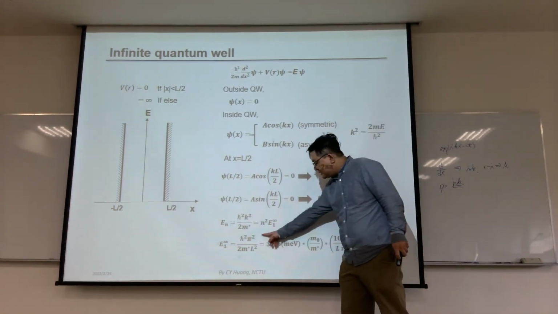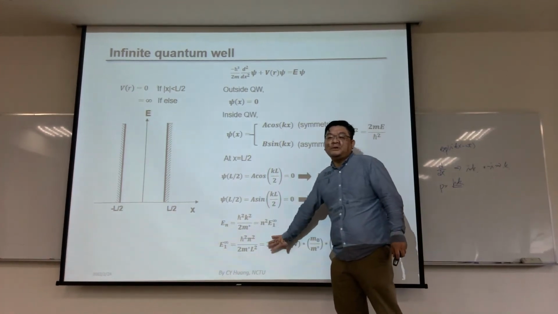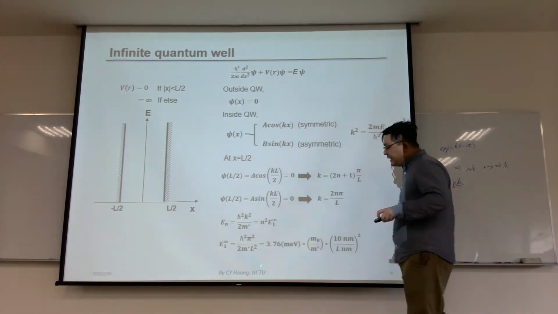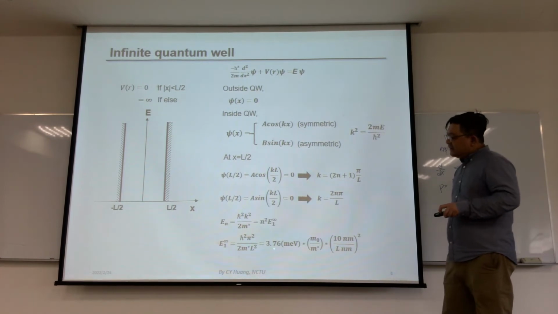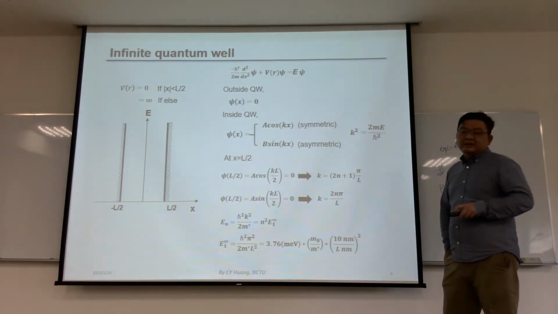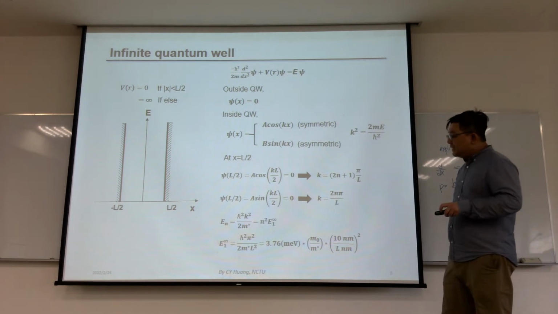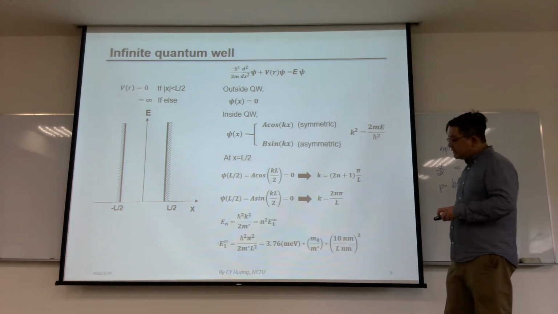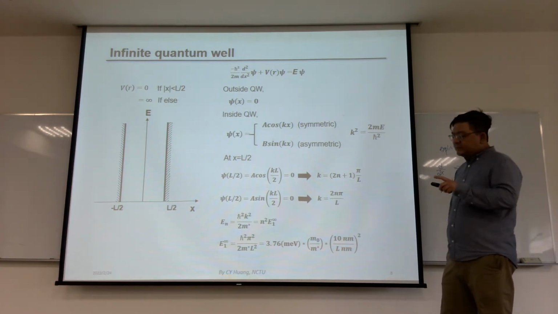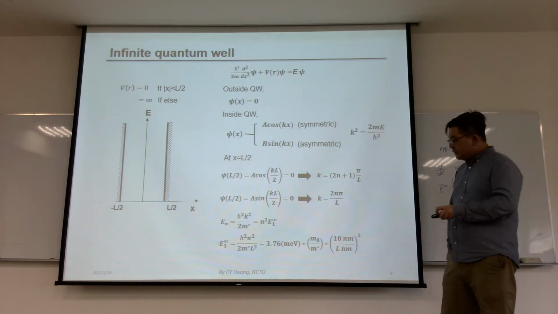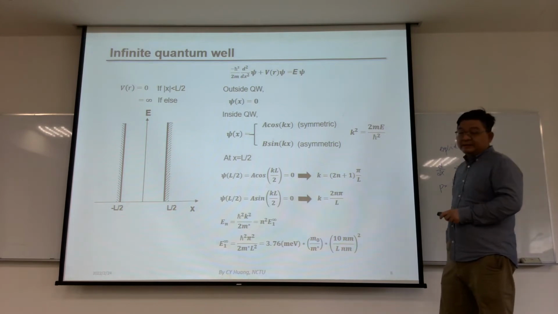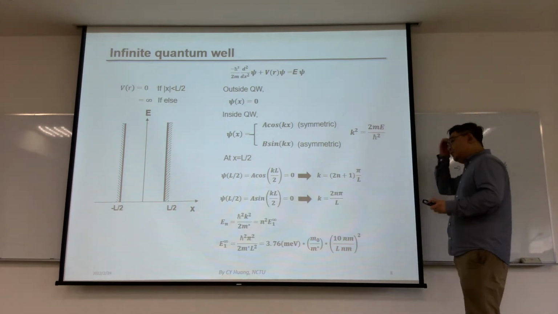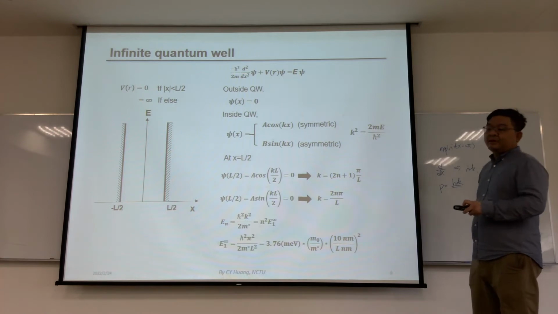So the rest of them is already a constant, so we can calculate it out. The answer is a constant equal to 3.76 meV, milli-electron volt, times the reciprocal of the effective mass, that is, one over the effective mass, then times 10 divided by the width of the quantum well. Okay, we will have some examples later.